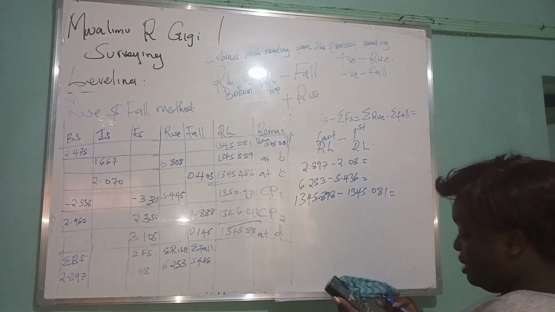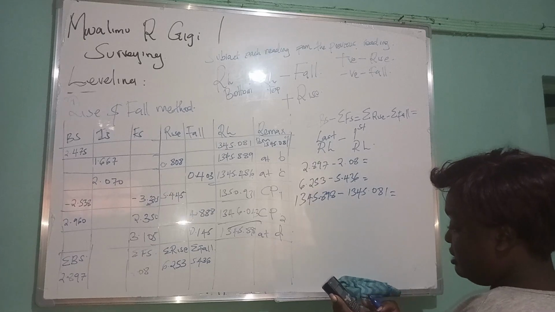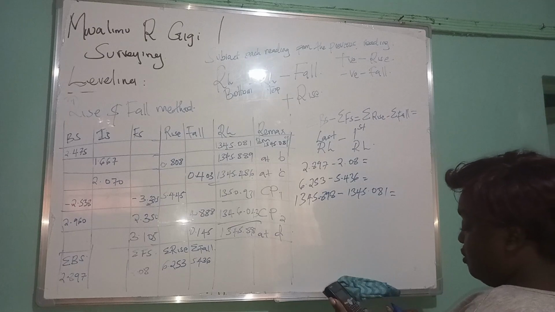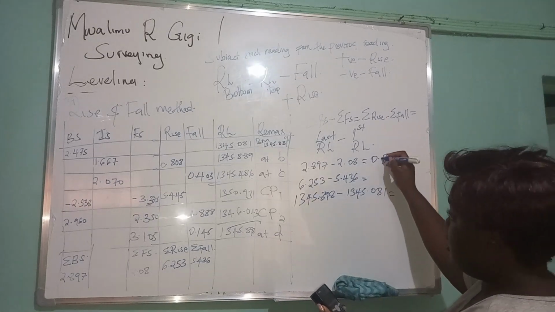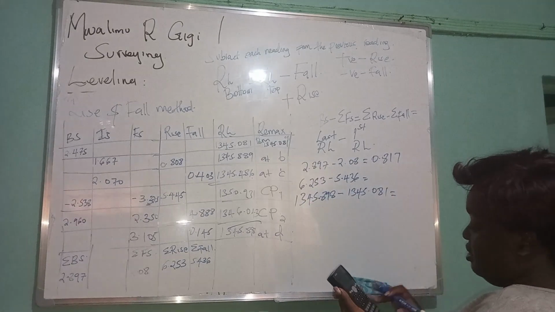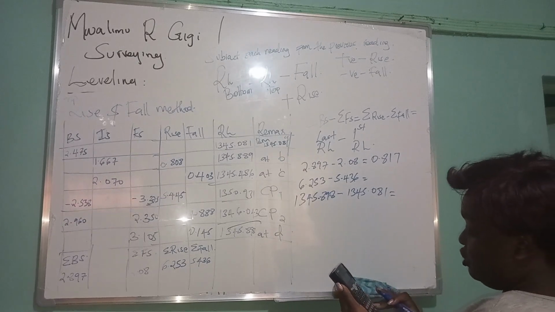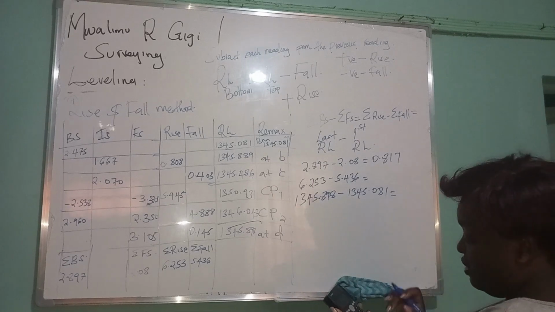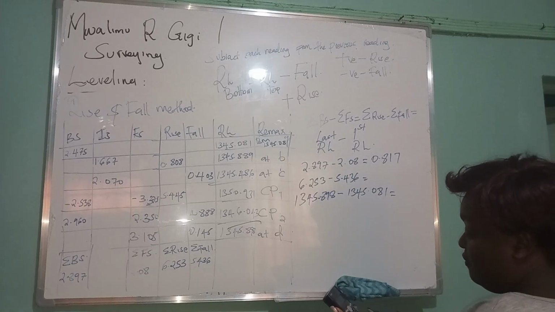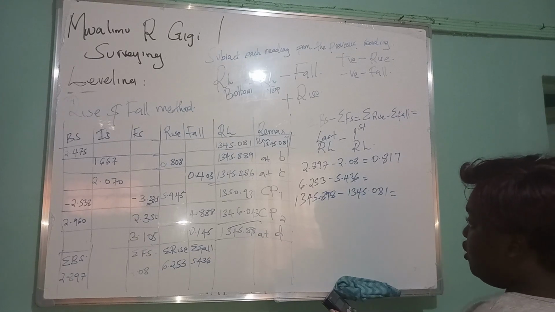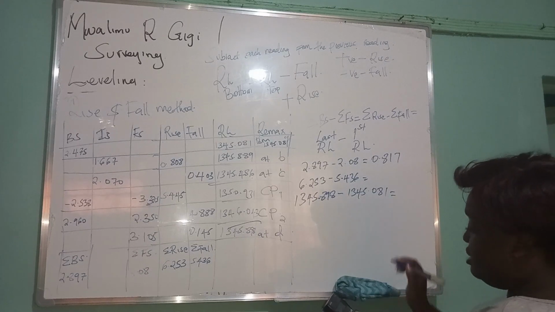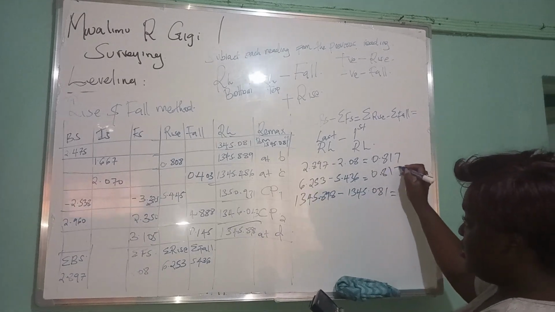So 2.897 minus 2.008 is 0.817. Then 6.253 minus 5.436 is 0.817.